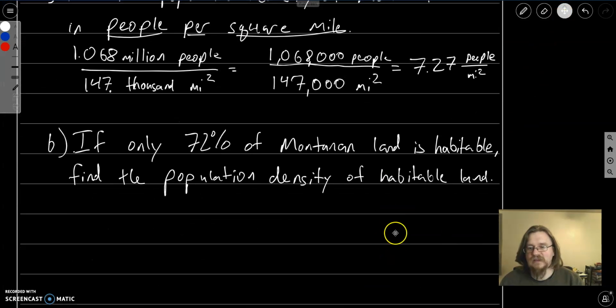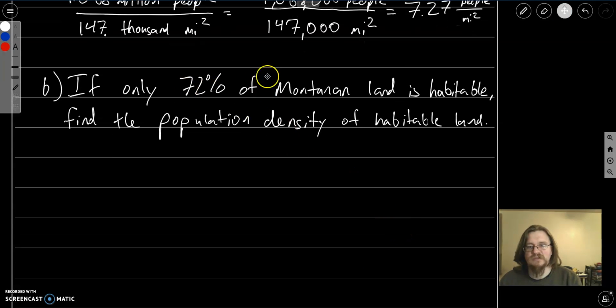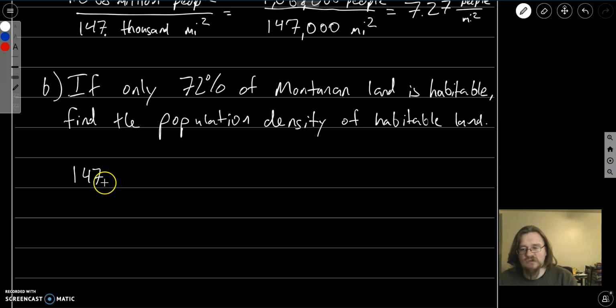But the next part says that only 72% of Montana land is habitable, meaning that people can live there. So we want to find the population density of only the habitable land. So before we had 147,000 square miles.